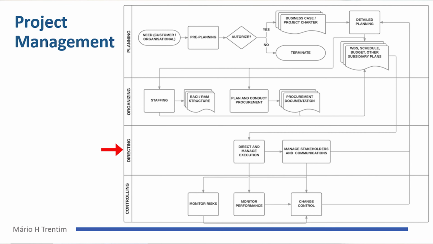It is very important that we manage the stakeholders, and that we also manage other areas in our organization and in the project. And then in monitoring and controlling, these two areas are where we use more tools.